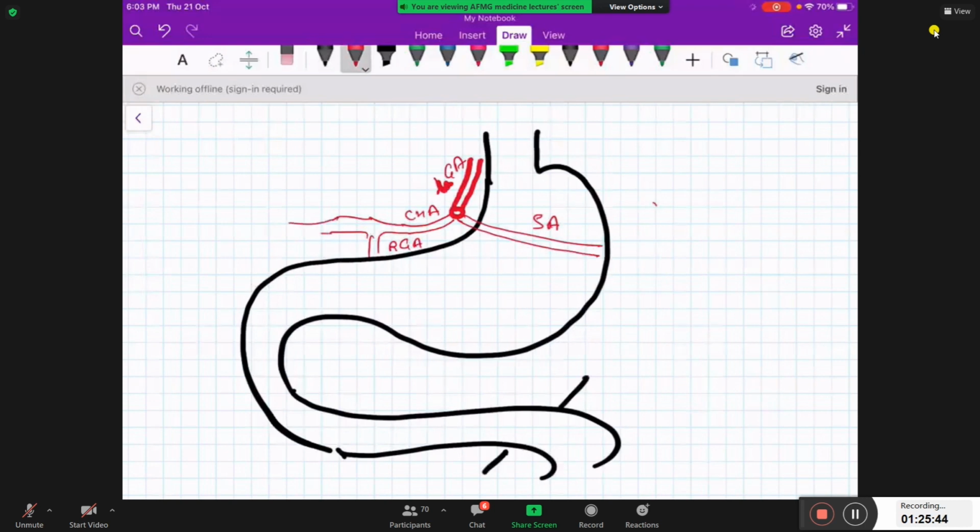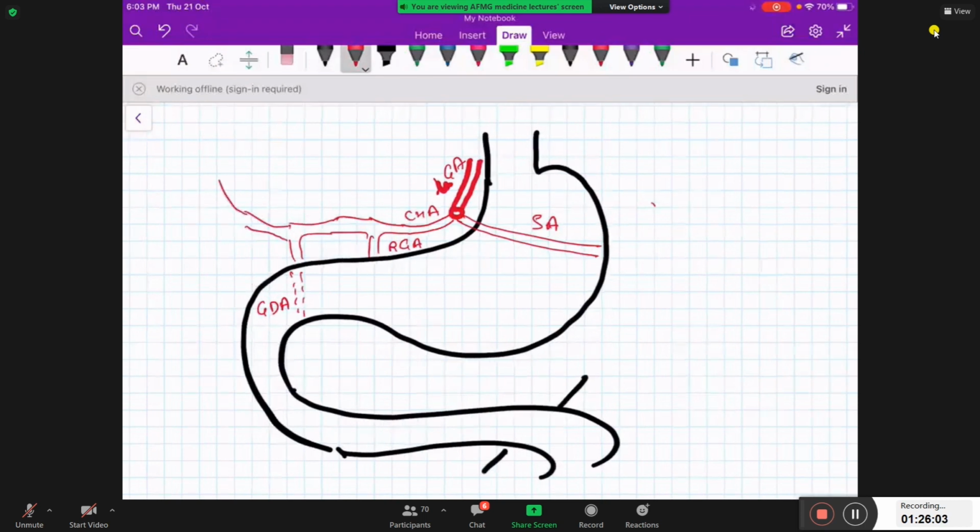And then what is this branch? Gastroduodenal artery. And then this hepatic artery, this is called hepatic artery proper, and then it gives right and left hepatic artery.